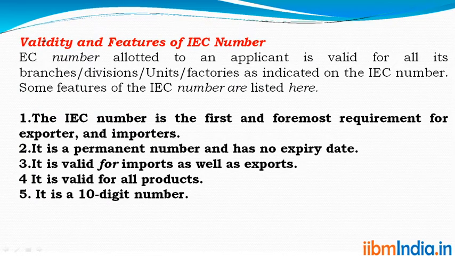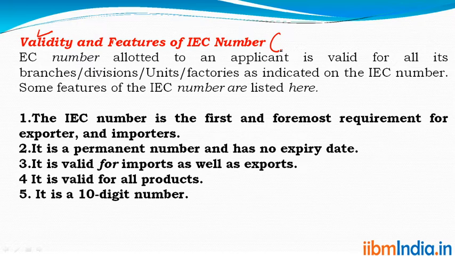Now, what are the validity and features of the IEC number? I've already told you that the validity of the IEC number is lifelong. There is no expiry date on the IEC number. The IEC number allotted to an applicant is valid for all its branches, divisions, units and factories as indicated in the IEC. Please remember one point: if you have got the IEC number and you are running more than one branch, you don't need to apply for another number.